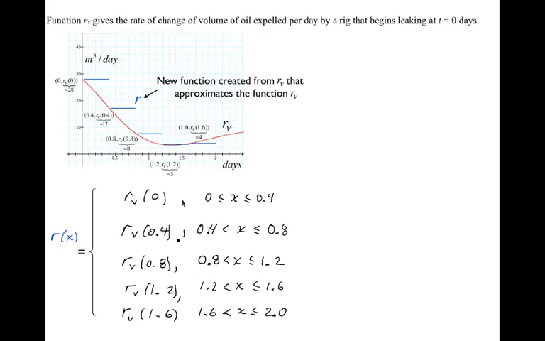And then later on we had 0.9. When x is 0.9, you have to find the line that applies. 0.9 is in this interval. Therefore, R of 0.9 is R sub v of 0.8. Likewise, R of 1.1 is R sub v of 0.8. So do you see how this defines all values of R for every value of x from 0 to 2?